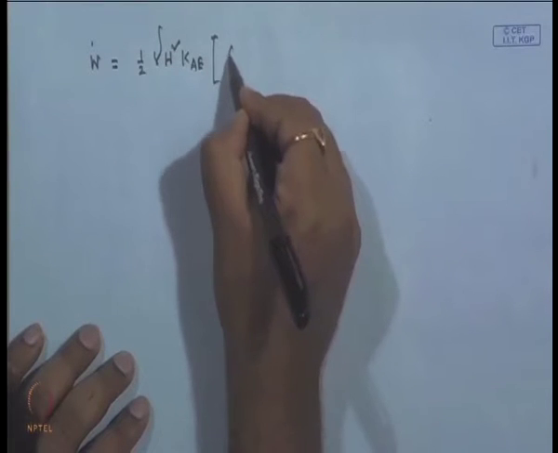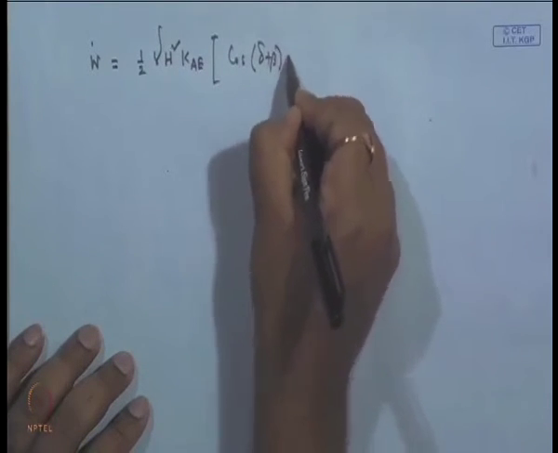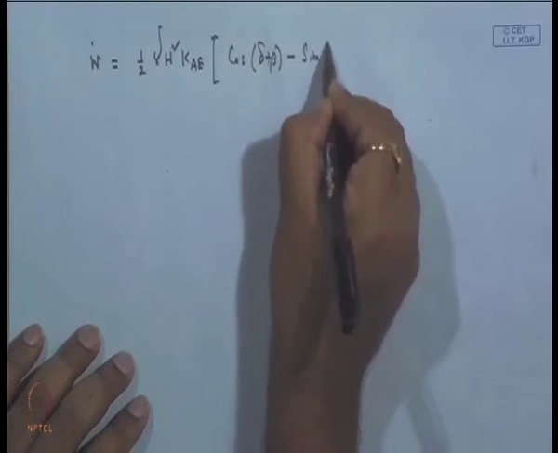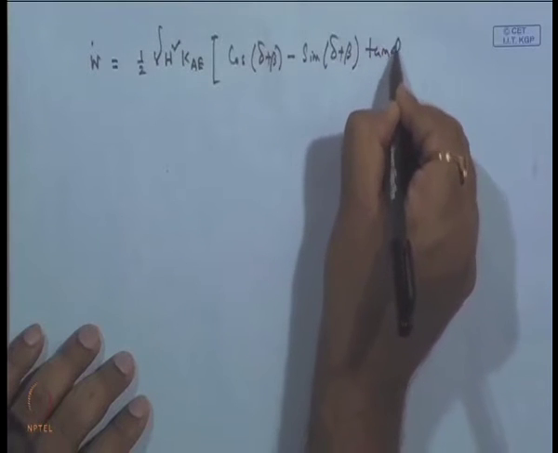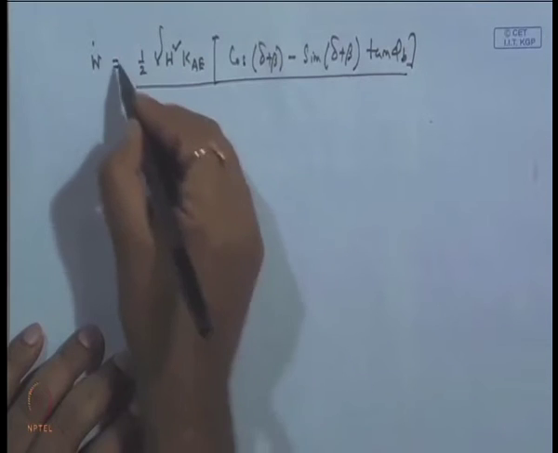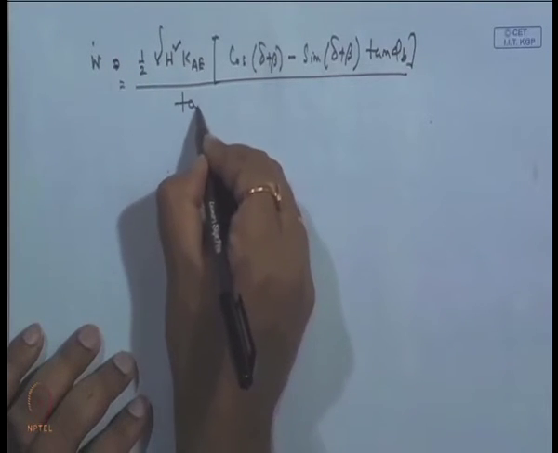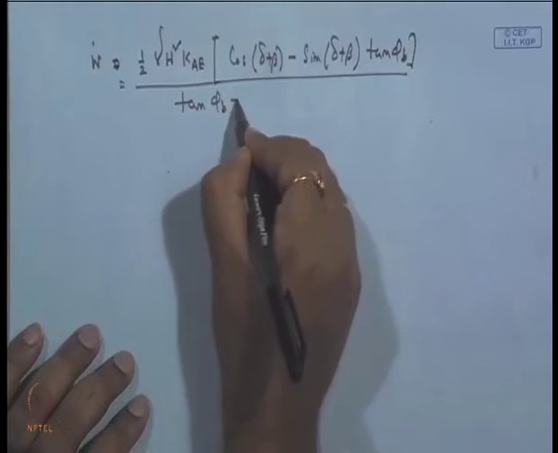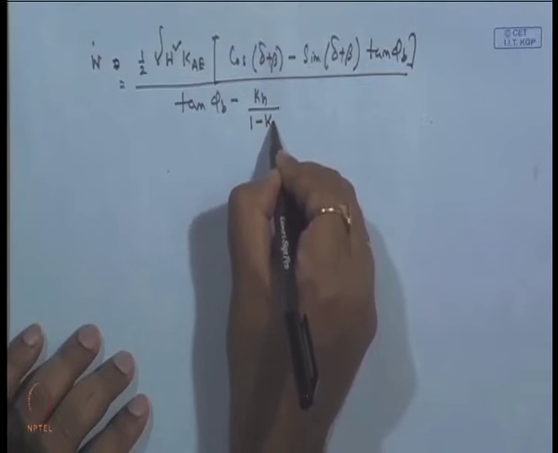So, that is equal to cos of delta plus beta minus sin of delta plus beta into tan phi b, then tan phi b minus Kh, 1 minus Kv.